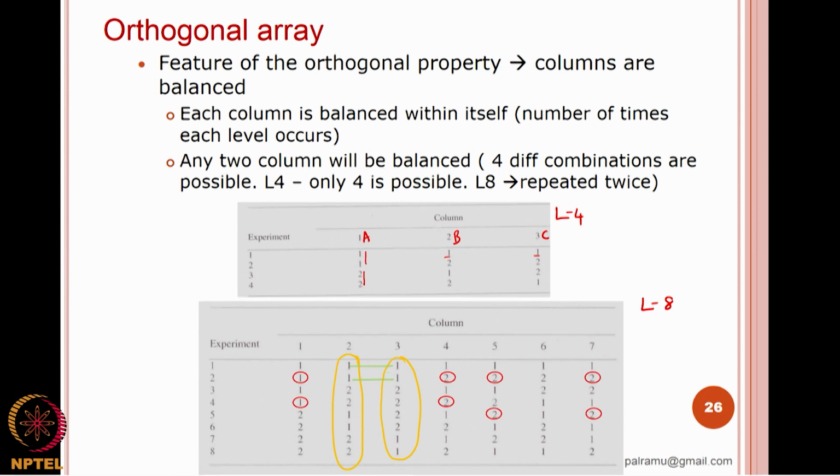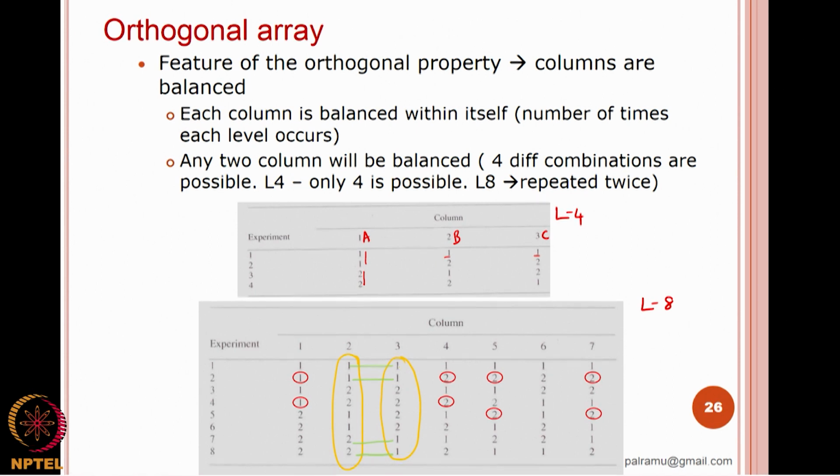You can see the rest of the stuff, there is no other 1 1. If a combination is happening twice, any other combination will also happen twice, nothing less, nothing more. 2 1 is also happening twice, there is no other 2 1, and likewise 1 2 and 2 2. You can do this for any other column also.